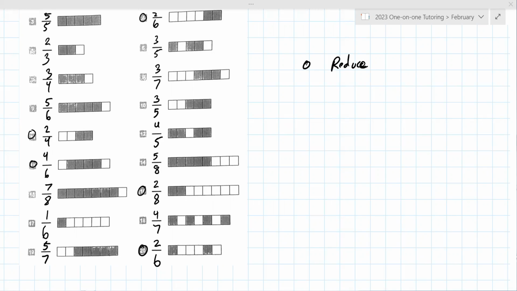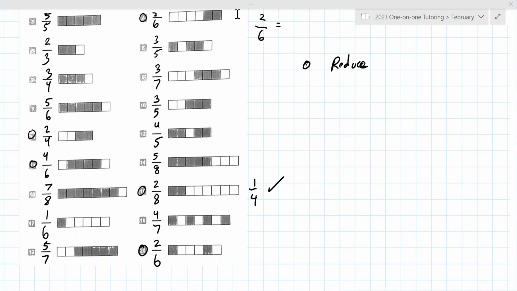Can you reduce this down to 1/4? That's a 2/6. The first one, or 2 divided by 6. I was doing number 16. Oh, number 16. Yes, that is 1/4. Good. But then for number 2, you could get 1/3.